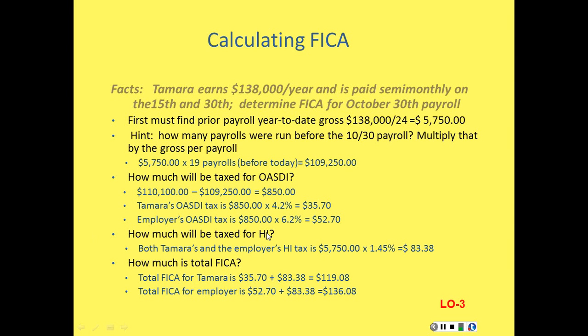Medicare, which we call HI in these problems, has no caps, just whatever they earn. That's the full October 30th gross pay times 1.45%, and that is again matched by the employer. So we total these up: Tamara's Social Security plus Tamara's Medicare, that's Tamara's withheld amount.